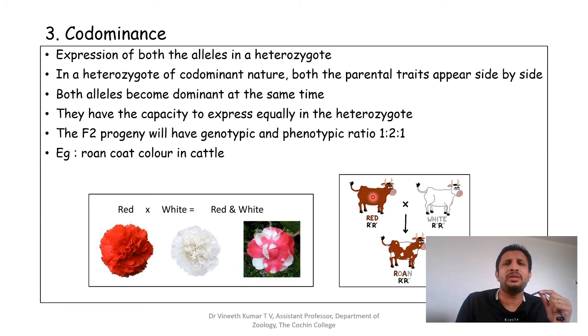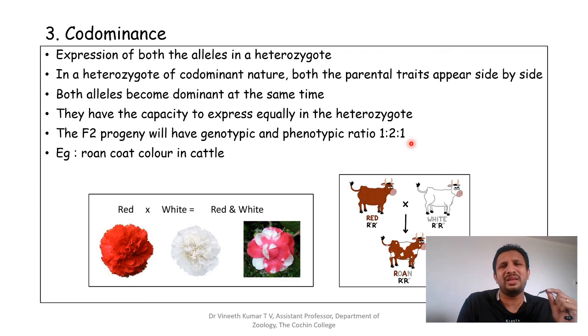In codominance also you can take this as an example, where it is represented as capital R, raised to small r, which is red, and raised to W, which is for white. In the F2 generation you get a phenotypic ratio of 1 red to 2 roan color to 1 white. So this is also a deviation.